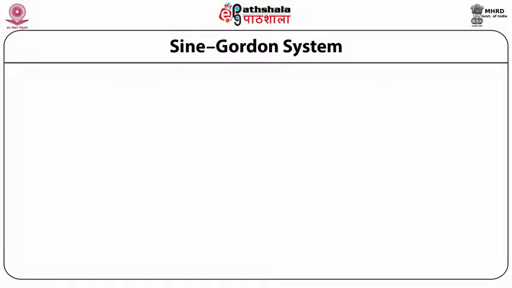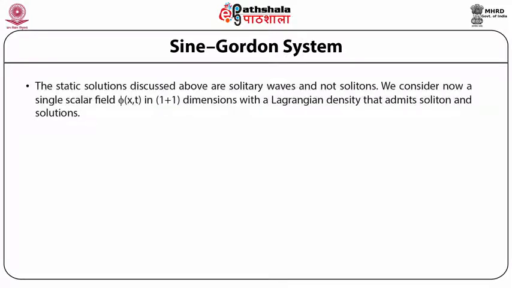Let us now move on to the Sine-Gordon system. The static solutions discussed above are solitary waves and are not solitons. We consider now a single scalar field φ(x,t) in 1+1 dimensions with a Lagrangian density that admits solitons.